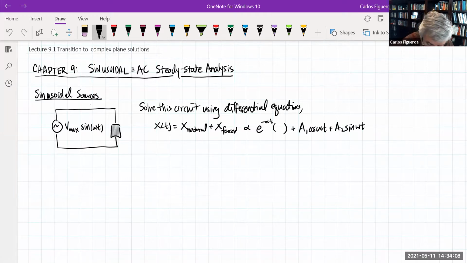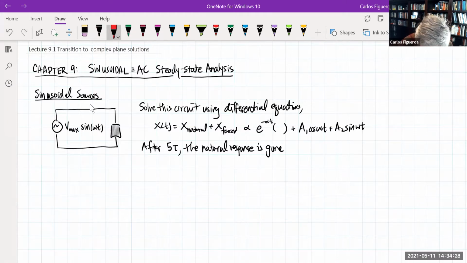And what we find here is that after 5 tau, the natural response is gone. That means I expect that the complete response should be exactly the same as the forced response.